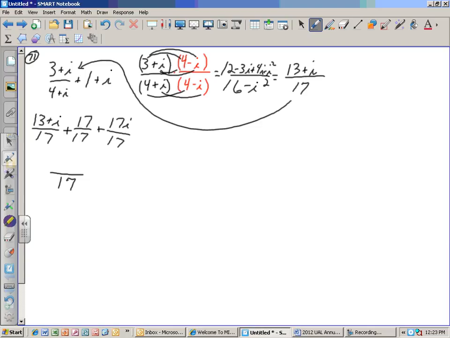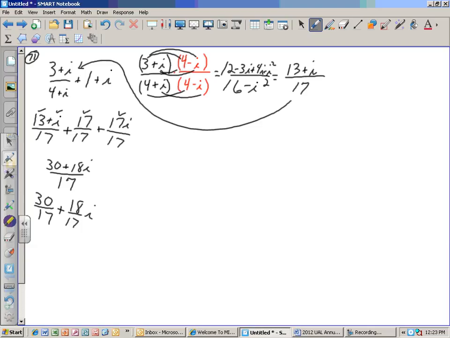In the numerator, I'll combine like terms: 13 plus 17 is 30, i plus 17i is 18i. Now I'll put this in the form a plus bi and split it up: 30 over 17 plus 18 over 17 i. That was problem 71.